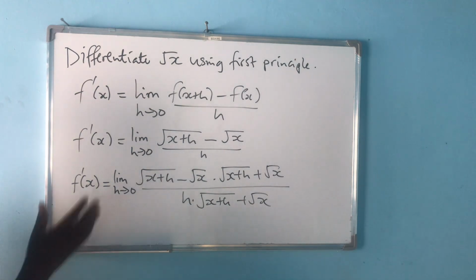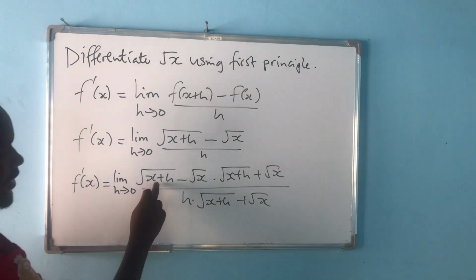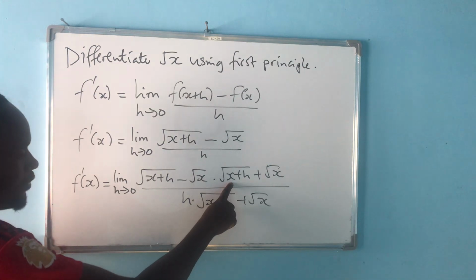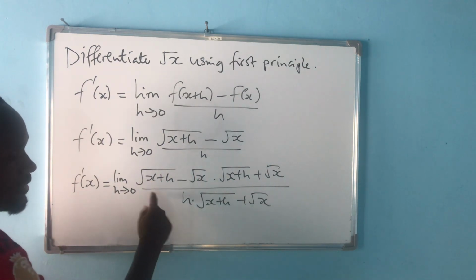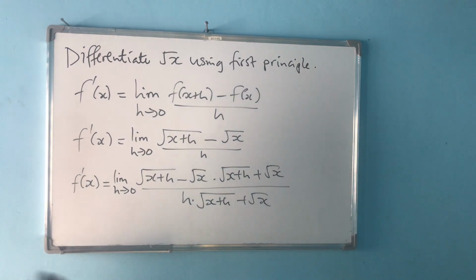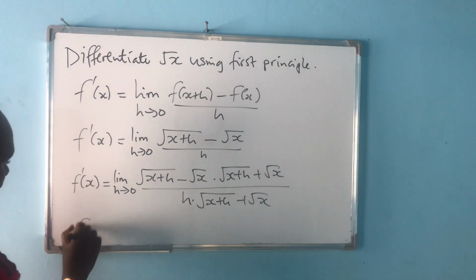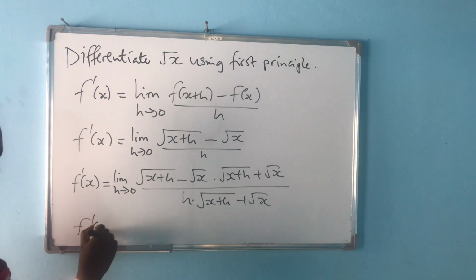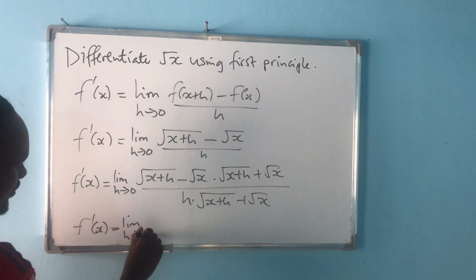Now when you reach here, due to my space, I'll just explain what is happening. You're multiplying this times this, and obviously the square roots go, and you remain with just x plus h. So f prime of x will equal the limit as h approaches 0.